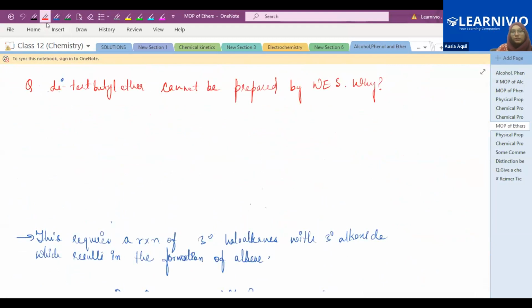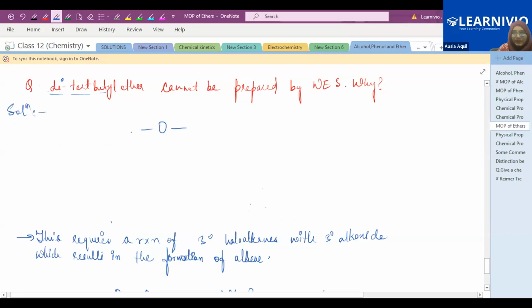Ditert butyl ether. First, draw the structure of ditert butyl ether. So tertiary butyl, and this is the ether linkage. On both sides, there is a tertiary butyl group.